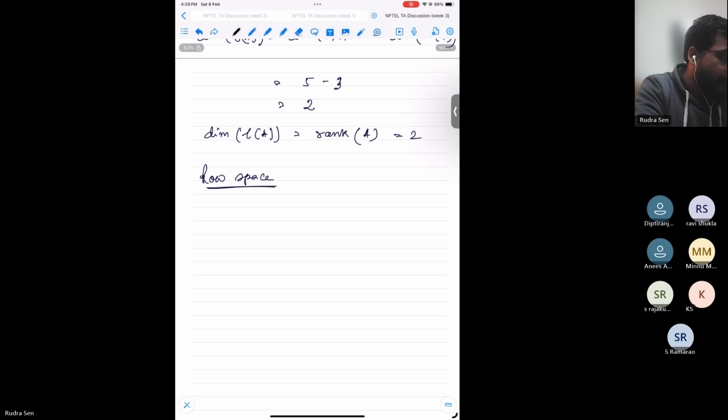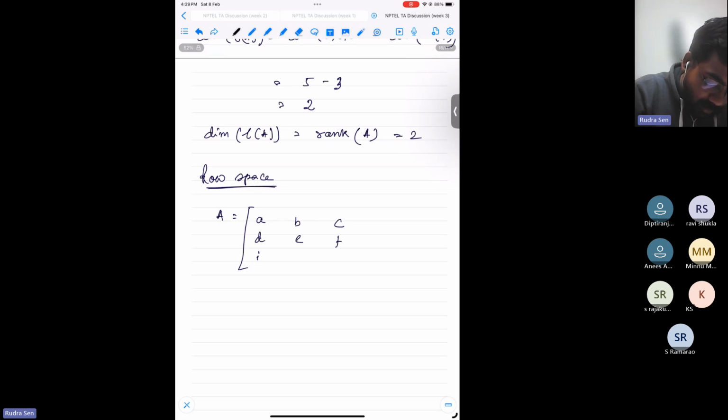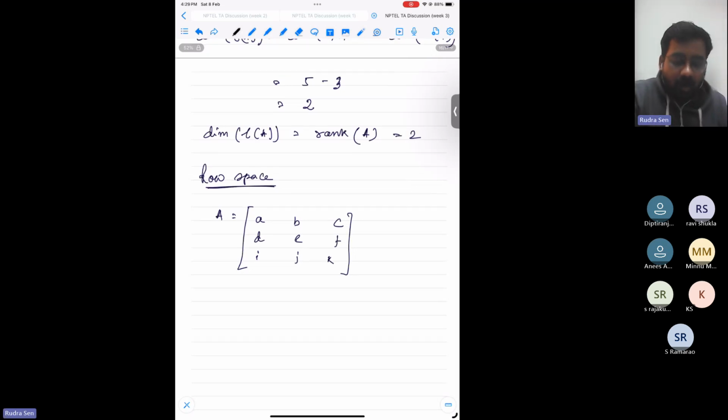Now, the rows of the matrix A. Say A is A, B, C, D, E, F, I, J, K, where I write the last column as alpha, beta, gamma.